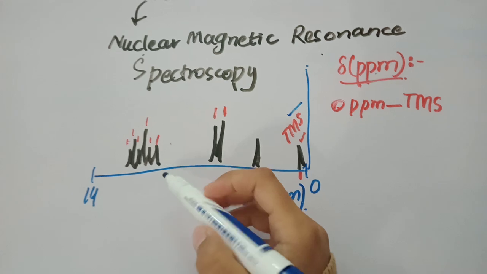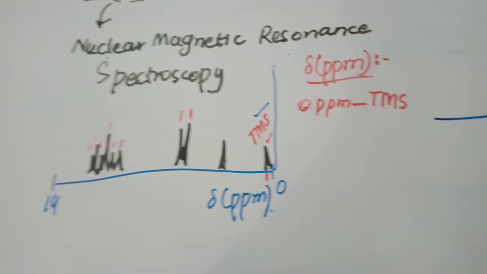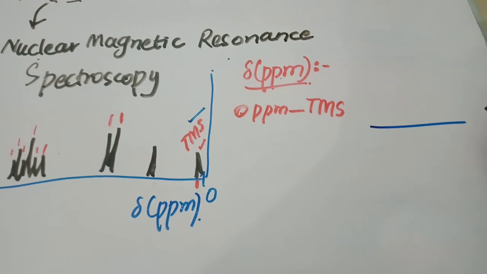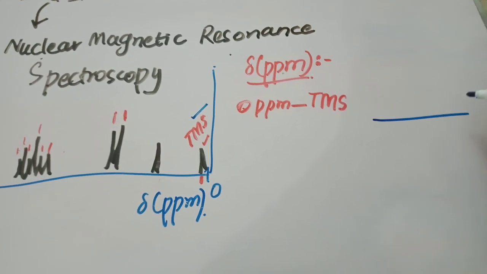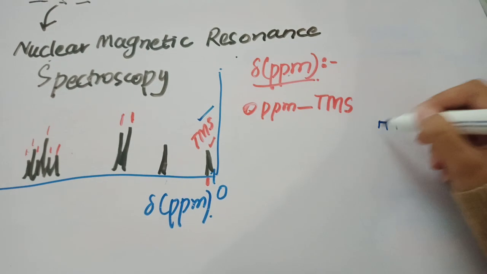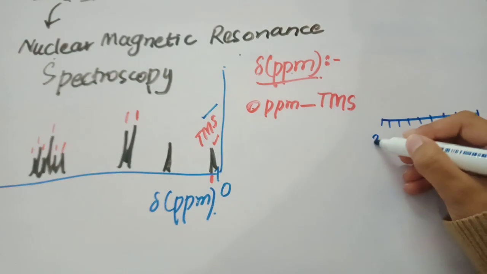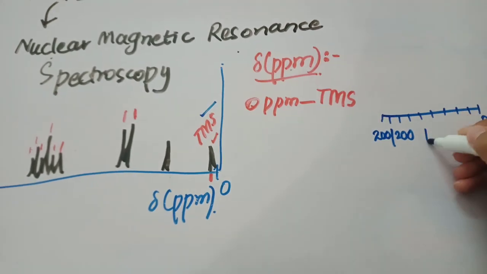Then, whenever you are seeing carbon 13 NMR, at that time you will be having different values of the ppm here, which will start from 0 to about 200 or 220 ppm.